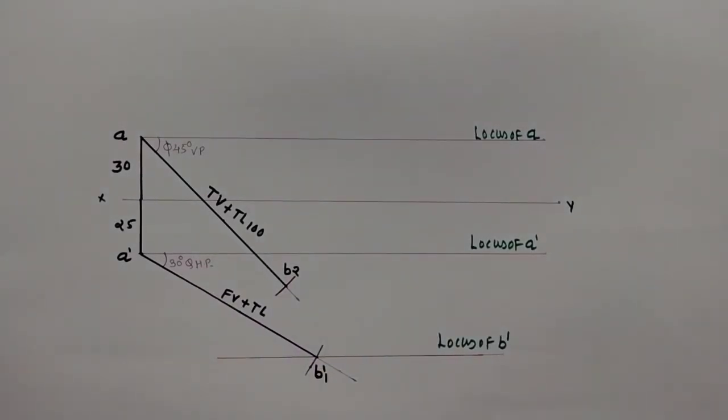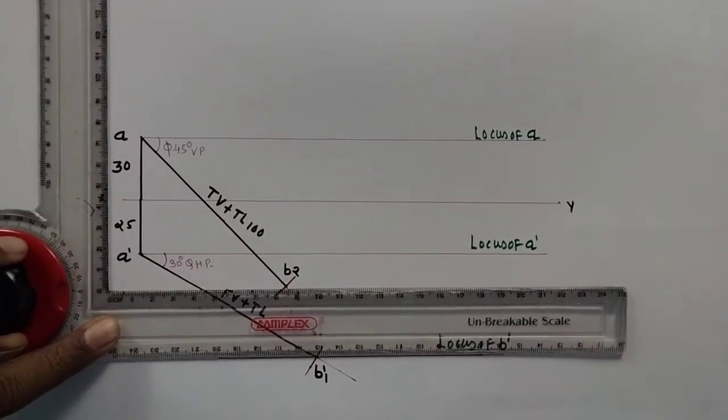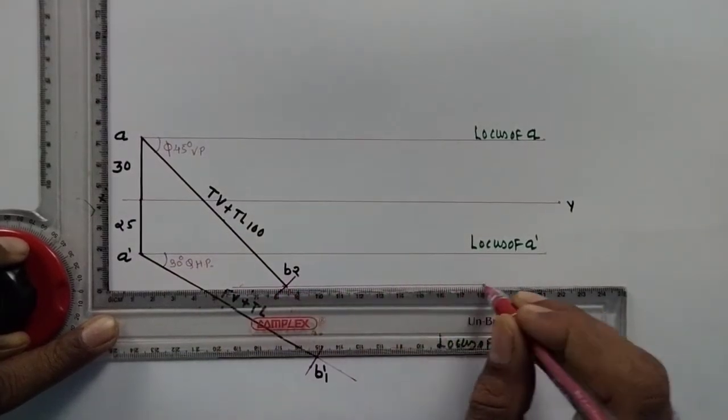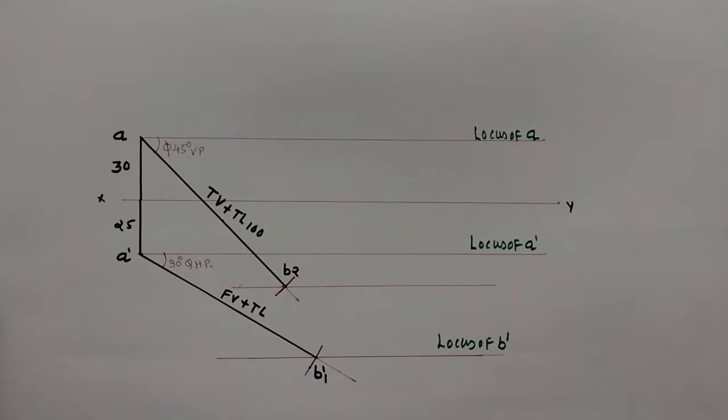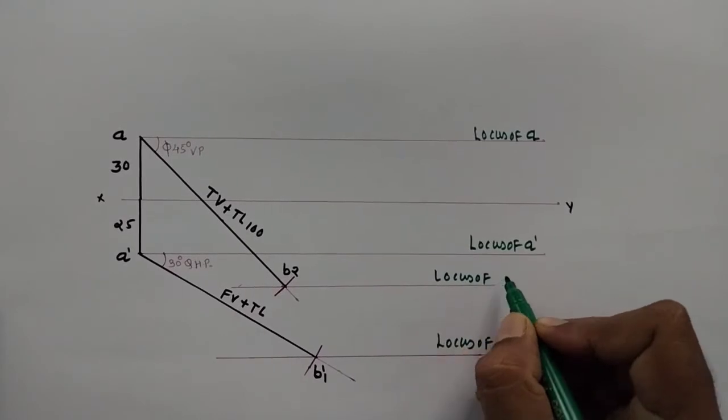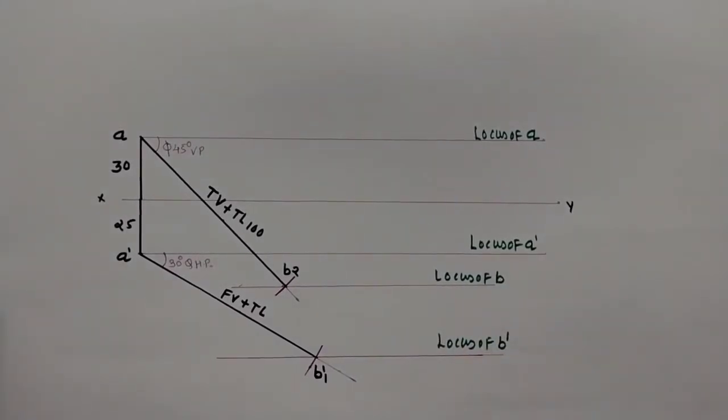Now from B2 you can draw your locus of B. Now complete your problem here.